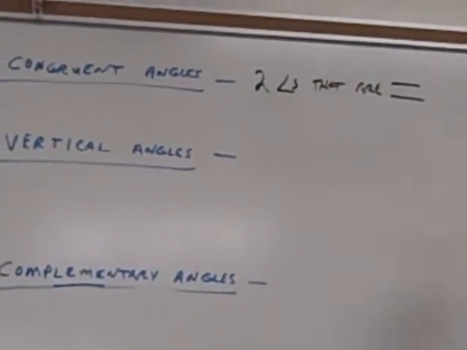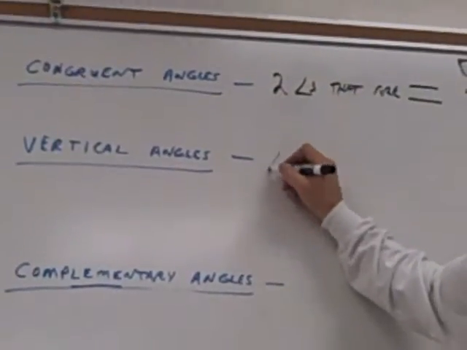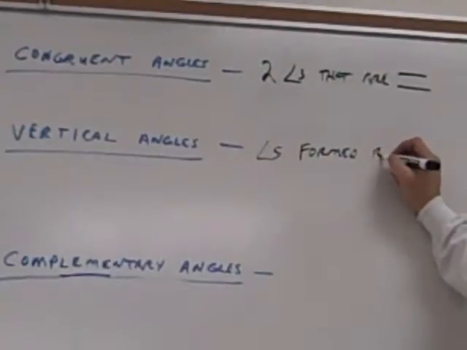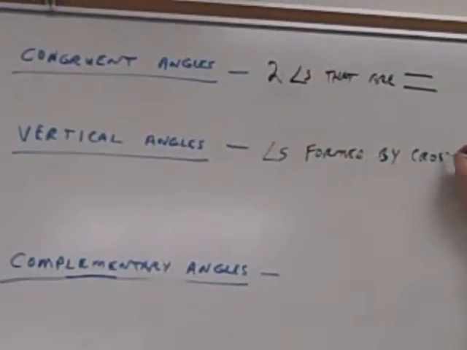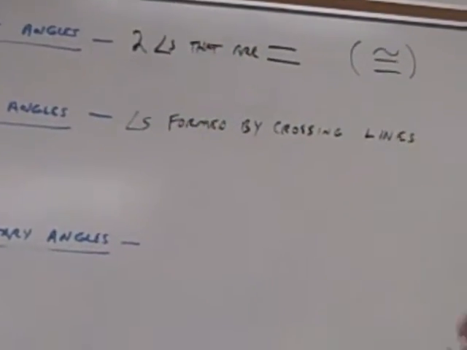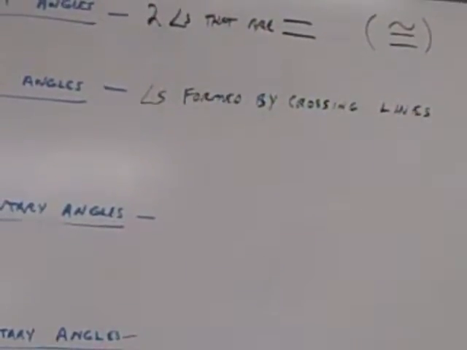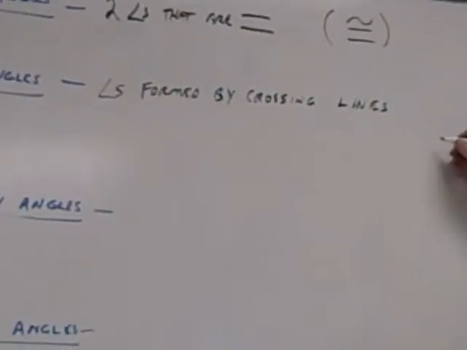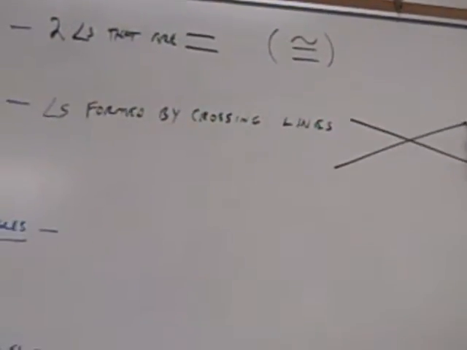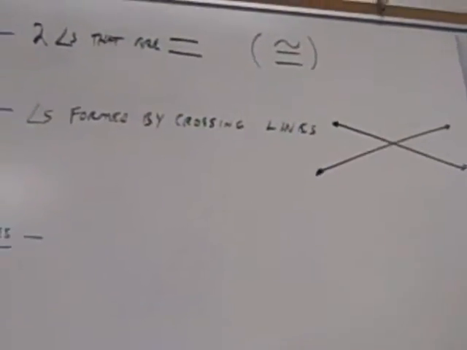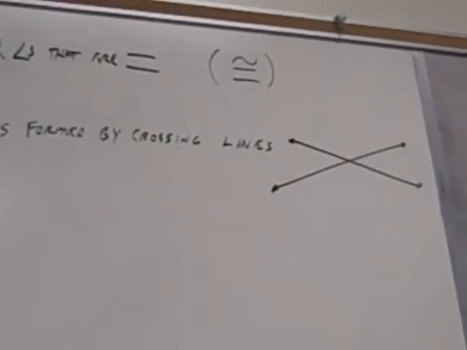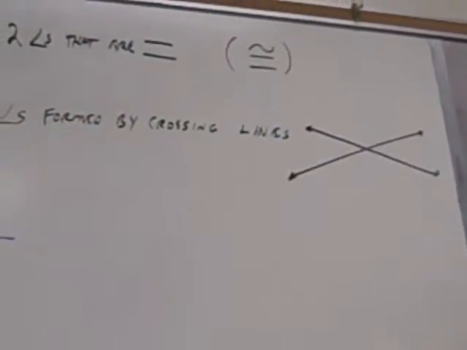Okay. Vertical angles. Angles formed by crossing lines. You cross two lines, you have formed vertical angles.